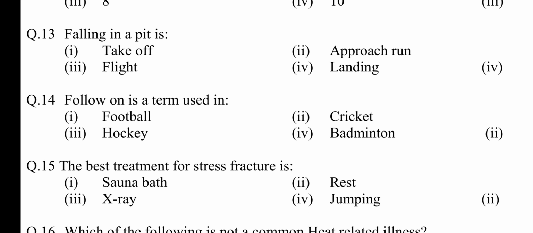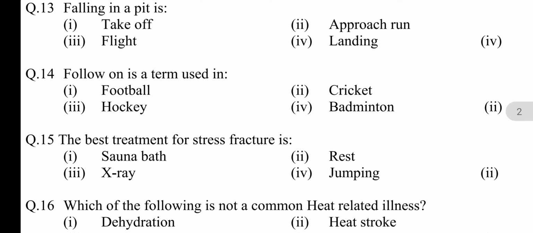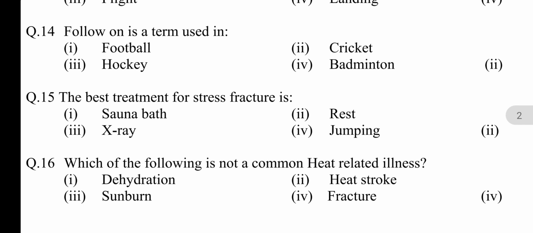Falling in a pit is option first, take off, second, approach run, third, flight, fourth, landing. Answer is option fourth, landing. Question number 14. Follow on is a term used in option first, football, second, cricket, third, hockey, fourth, badminton. Answer is option second, cricket.